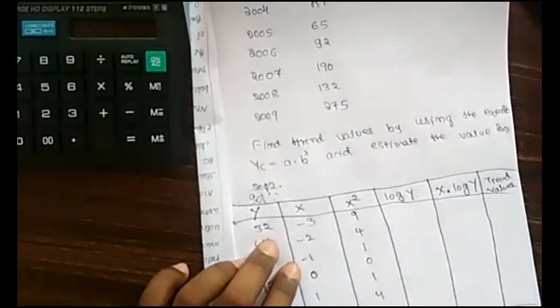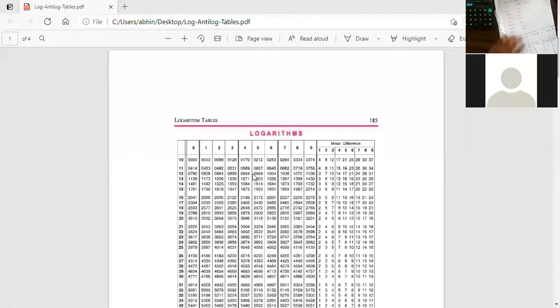Just see here. Now we need the log value for 32, correct? There are 2 digits, so therefore 1 point.